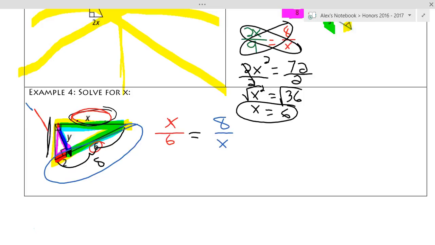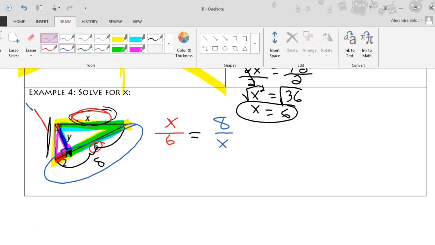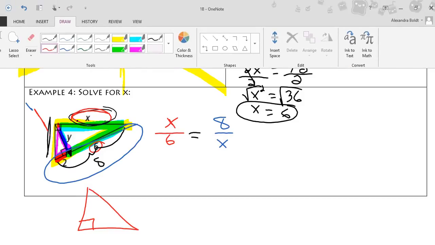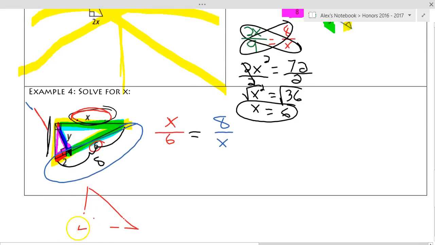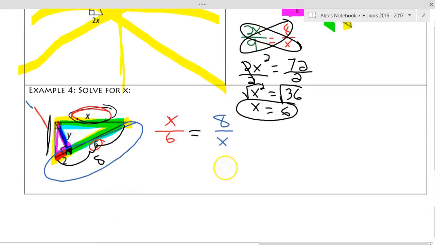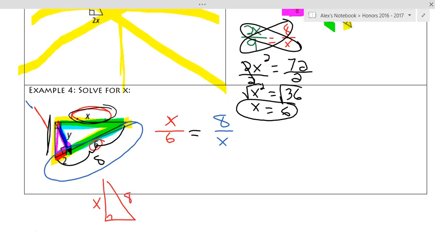Sometimes it helps if you want to redraw the triangles as well, right? So I had my first triangle, which we'll draw in. Right, so the big triangle, what did I know about it? That's a horrible drawing. I had x on the longer leg and 8 on the hypotenuse.